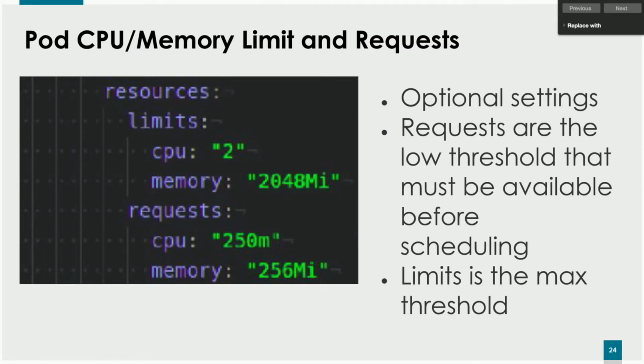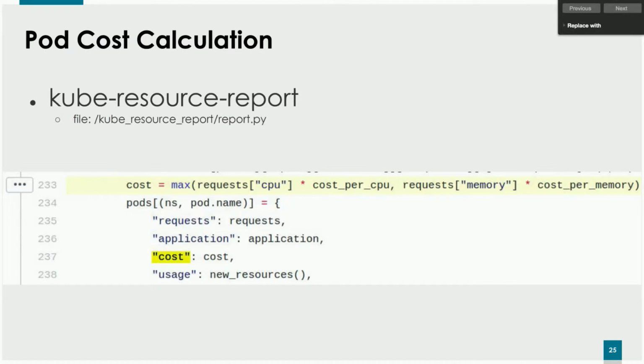So talking a little bit more about the CPU memory limits, they are optional settings that you can set on your pod. So you're really requesting a certain limit on the pod that you want, and these are minimum limits that it has to be able to adhere to.